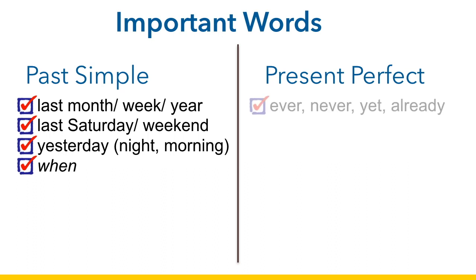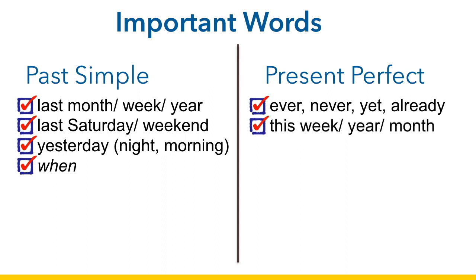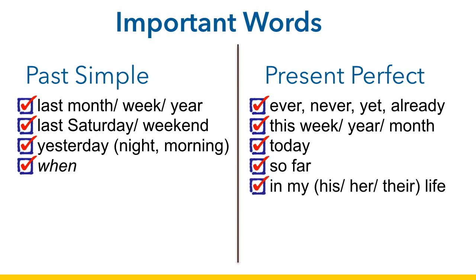With words like ever, never, yet, and already, or this week, this year, this month, today, so far, in my life, in his life, in her life, etc., we use the present perfect.